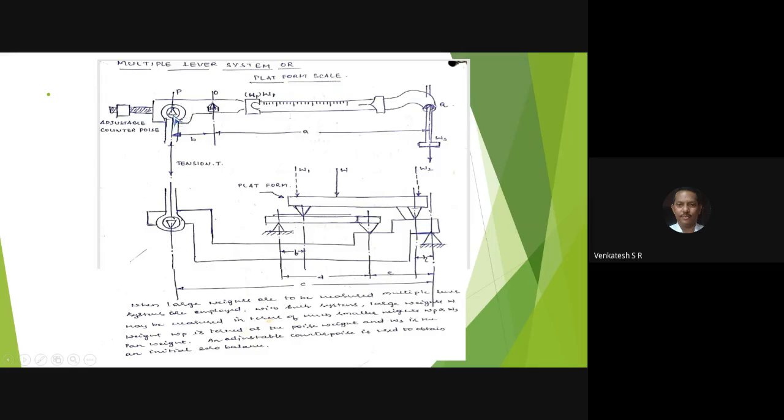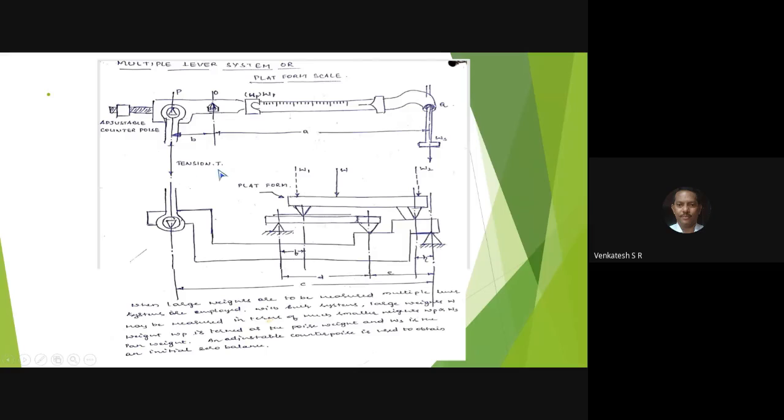And the one end of this beam is connected with the trapezoidal pointer, and the same is connected to the platform with the same type of trapezoidal or triangular pointer which exerts the pressure on the platform.